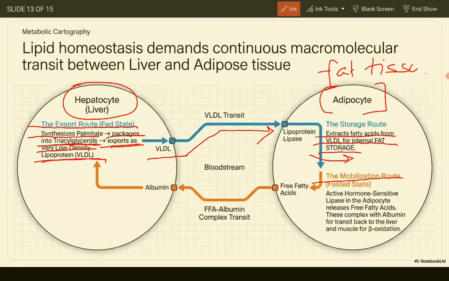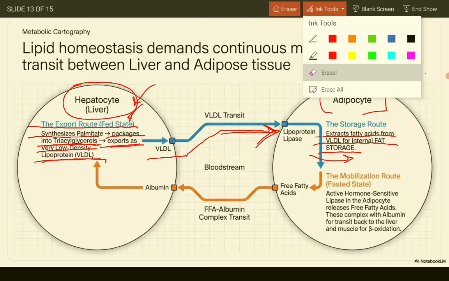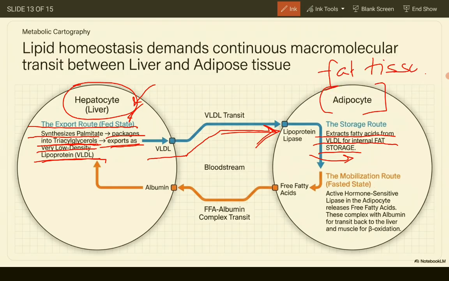Now the mobilization route, the fasted state. The fed state is when you have eaten, right? So fat is being stored. In case you need mobilization, in case you need free fatty acids, what will happen then? In the fasted state, active hormone sensitive lipase in the adipocyte releases free fatty acids.